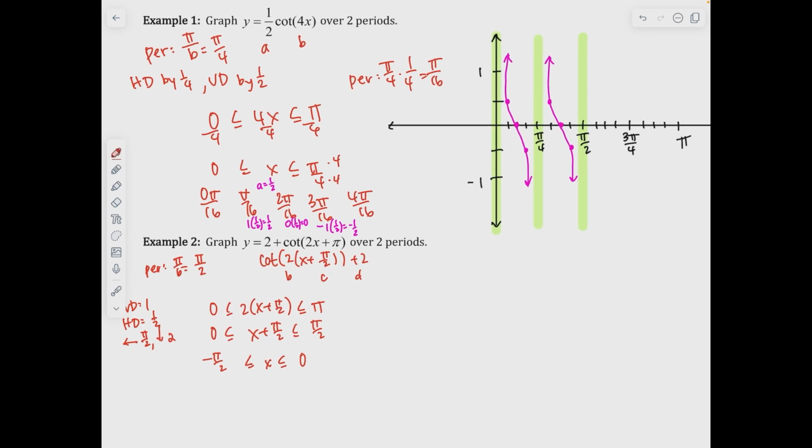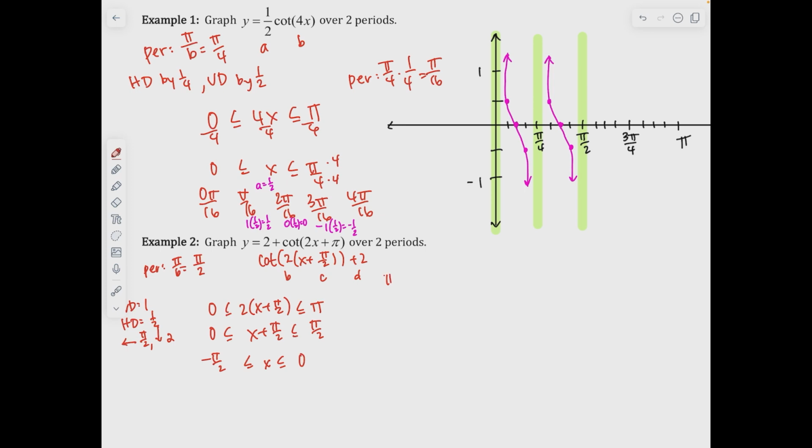If my period length is pi over 2, I just need to go from negative pi over 2 to positive pi over 2, and that's how I can complete 2 full periods of this graph. I multiply it by a quarter to get pi over 8. So when I do pi over 8, this is negative 4 pi over 8, and this is 0 pi over 8. So negative 3, negative 2, and negative 1 pi over 8.